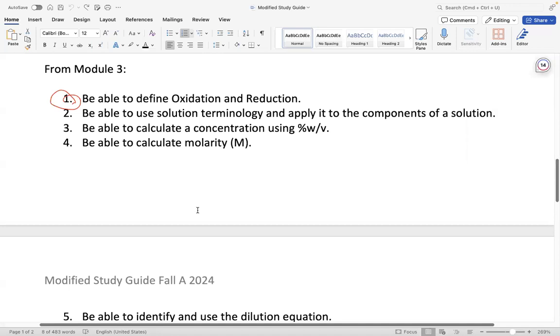Oxidation is losing electrons and reduction is gaining. 2, be able to use solution terminology to apply it to the components. So it'll say, okay, we have so many grams of sugar going into 100 mLs of water. What is the solute? The solute is sugar. What is the solvent? The solvent is water. We did an example of this and this.